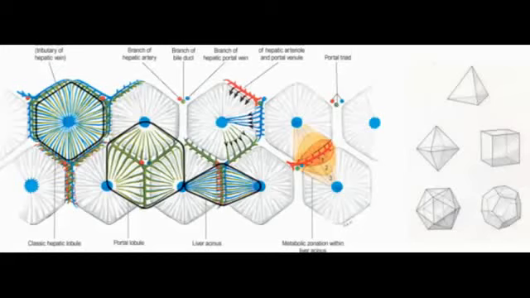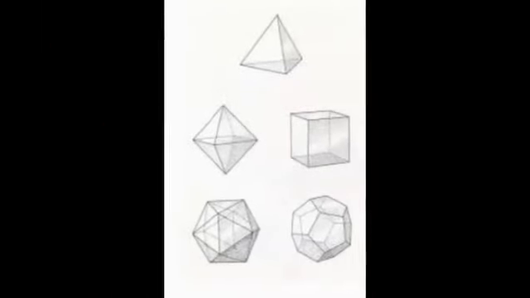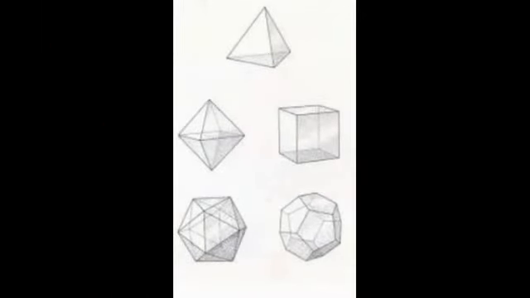I will not keep you busy with all the names, but from a geometrical point of view, just see how it structures itself, like the material level of organization of the matter, making cells.